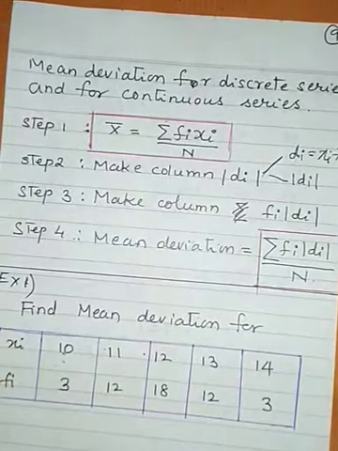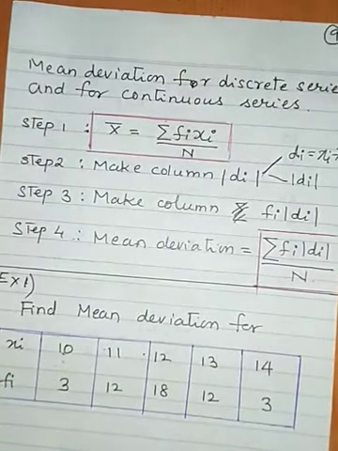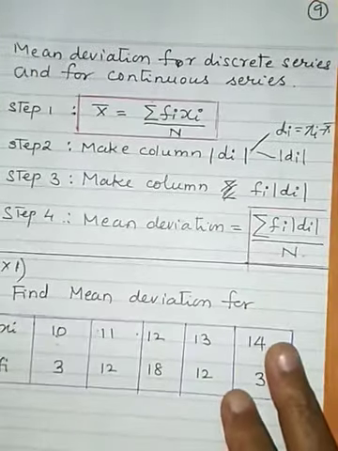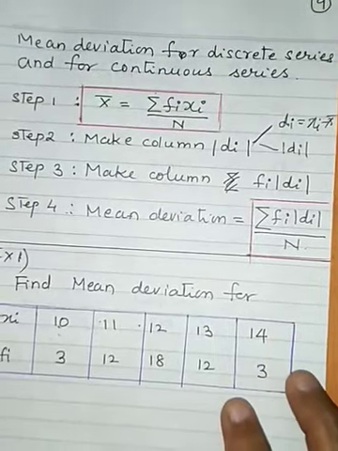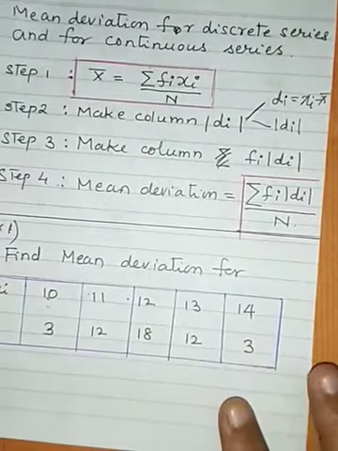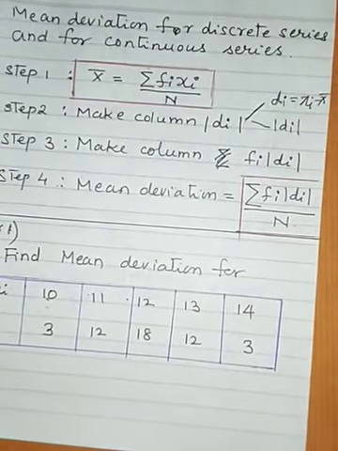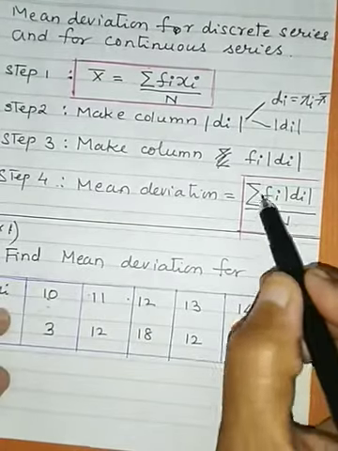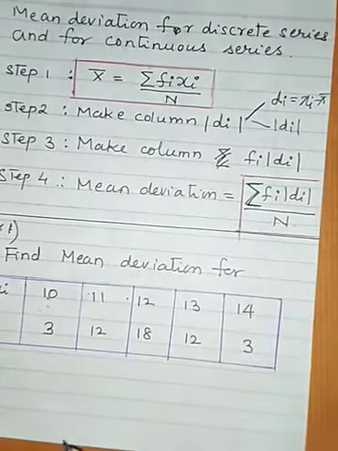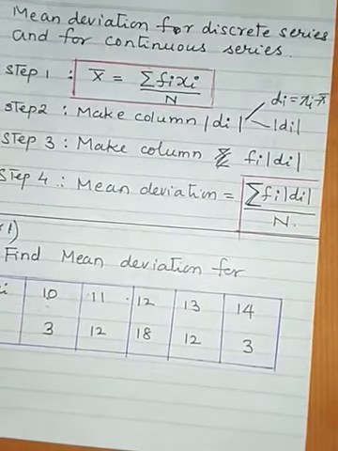Or directly you can take mod di. Step number 3. You make another column fi mod di. And then step 4, the formula for mean deviation is summation. I hope you understand this symbol. No? This is summation. Summation fi mod di upon n.